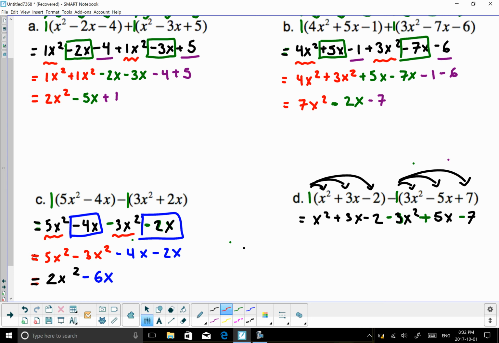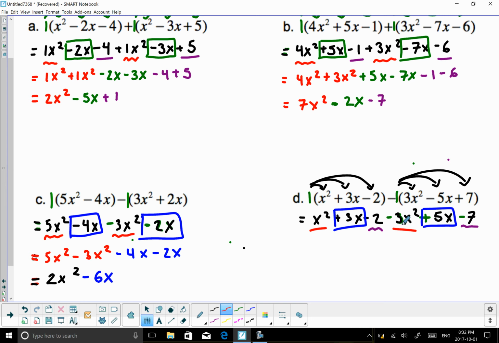So those integers that we've reviewed, if you've had trouble with them, you're going to need to freshen up. So I'm collecting like terms now, looking for everything that's alike. You'll notice all our lessons are building. That's why it's important you stay caught up.